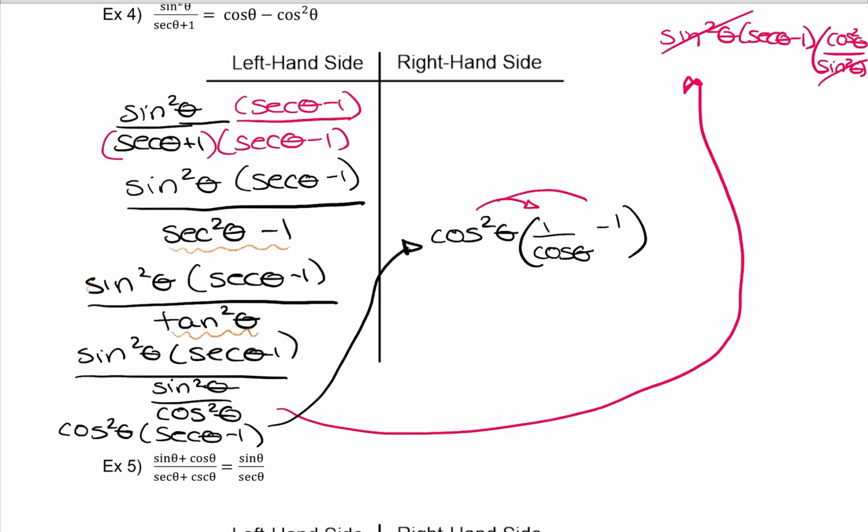Now I'm going to multiply because I know the right-hand side does not have any fractions or any brackets, so I end up with cos squared over cos for the first term minus cos squared theta. The first term can be simplified. Cos squared over cos is just cos theta minus cos squared theta.